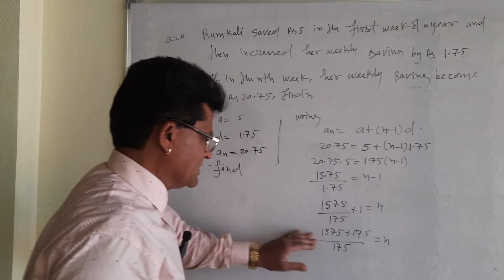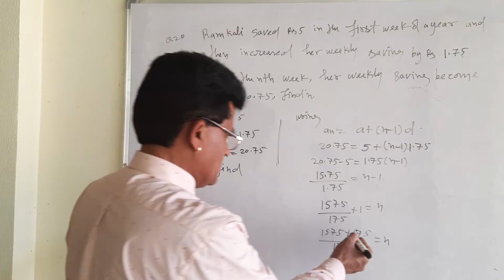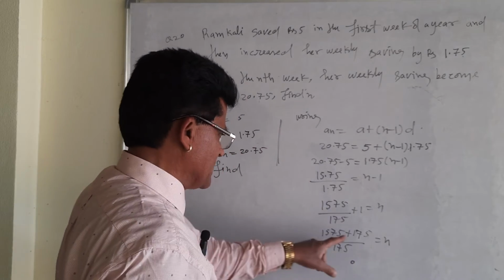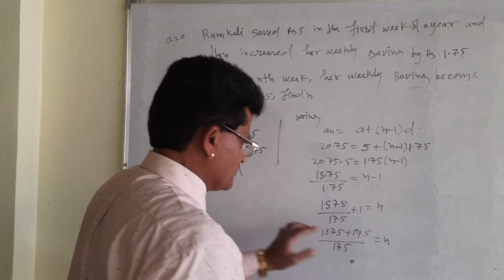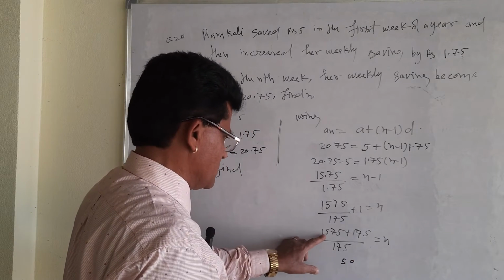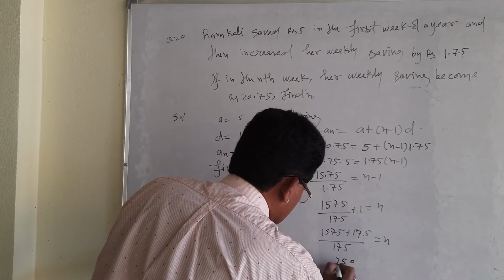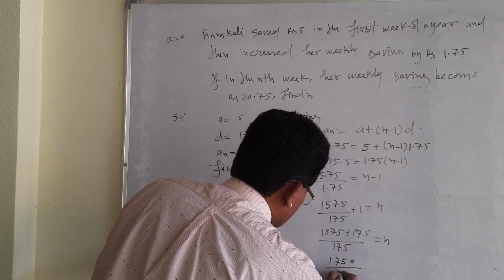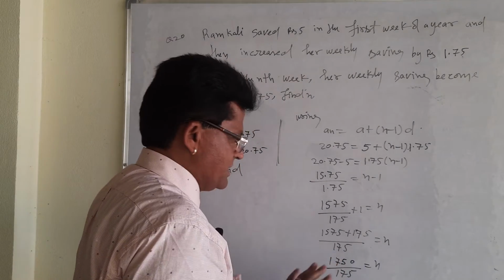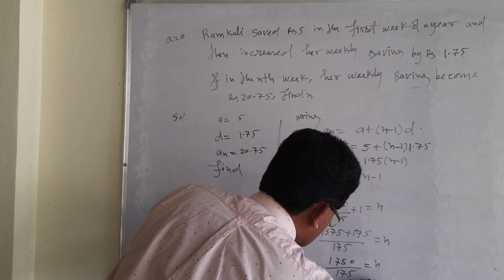My dear student, you add it. 1575 plus 175 is 1750. Divided by 175, it will be equal to 10. You divide 1750 by 175. It will be 10. n is equal to 10.